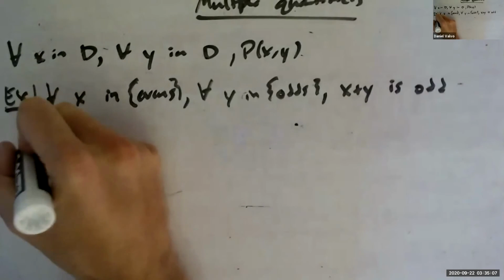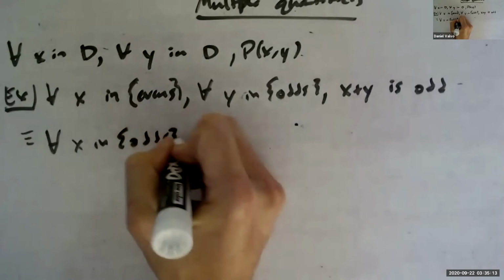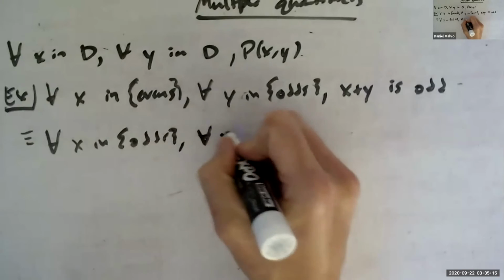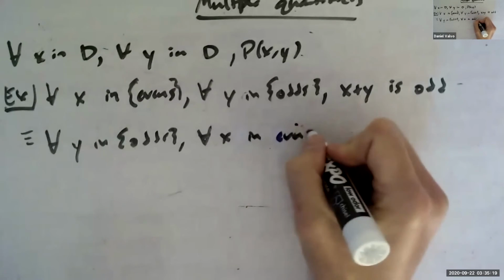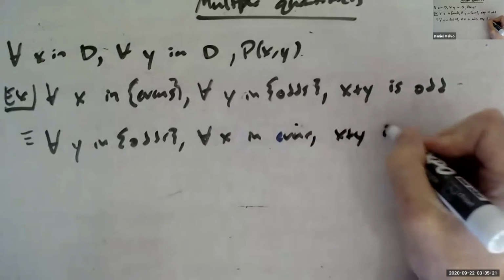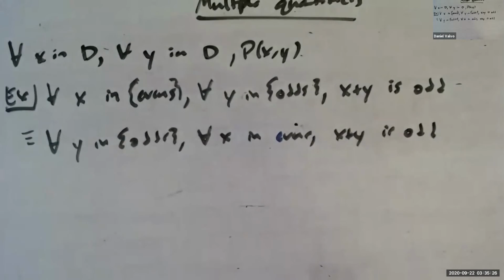But what this means, right, is equivalent to saying that for all y in odds and for all x in evens, x plus y is odd.